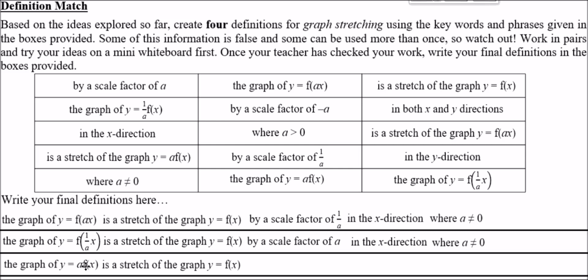So this is multiplying f of x by a, so it is by scale factor a. This time it's in the y direction because this a is outside of these brackets. And so we need to say in the y direction, and the scale factor is just a itself.